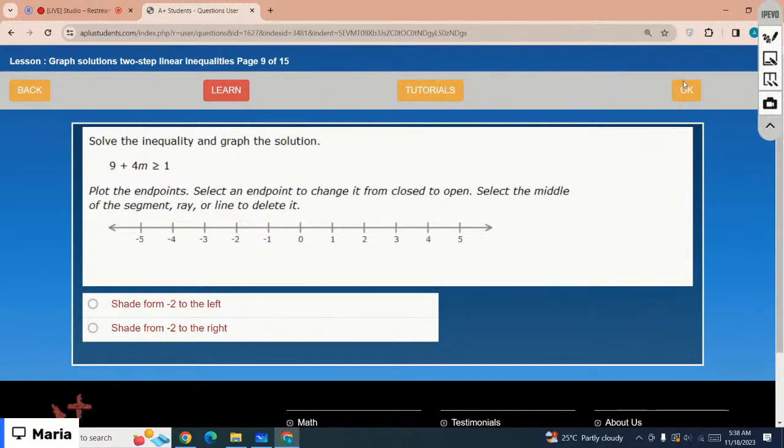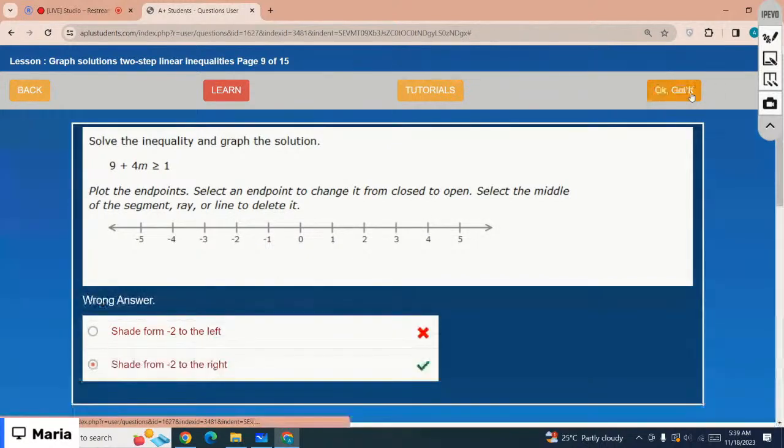The correct option is that would be shade to the left of negative 2.